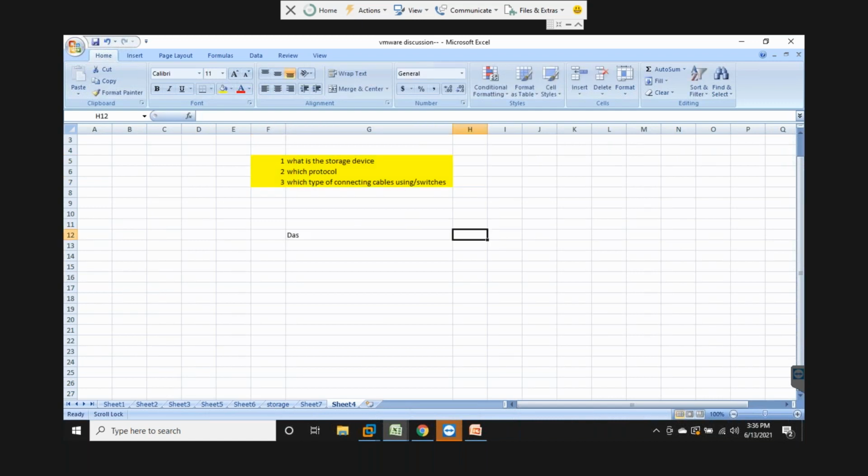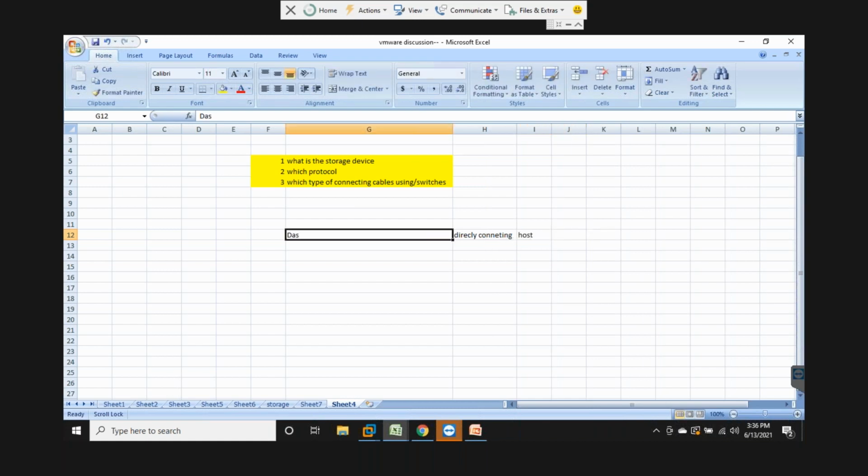So in DAS, you are directly connecting your storage to the server. It is a number of disks directly connected to the host, so they call them DAS devices.